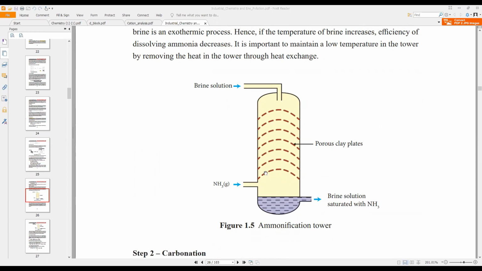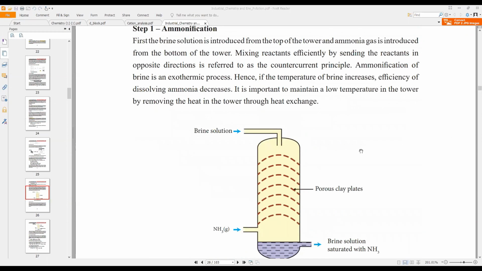The important thing I want to tell is why we use this type of system in the Solvay process. This is an efficient process based on the counter current principle, which means you send one reactant from the top and the other comes from the bottom, which is the ammonia.